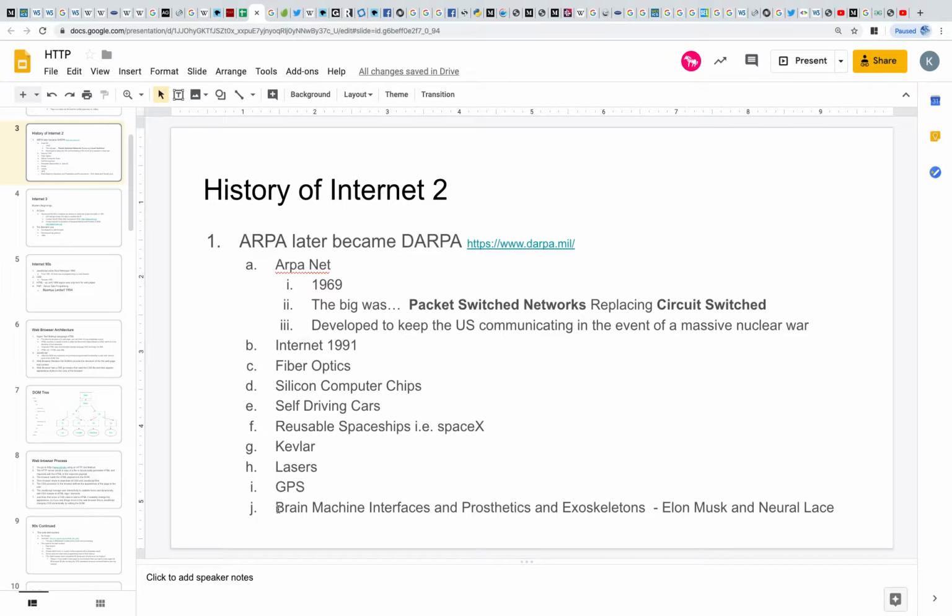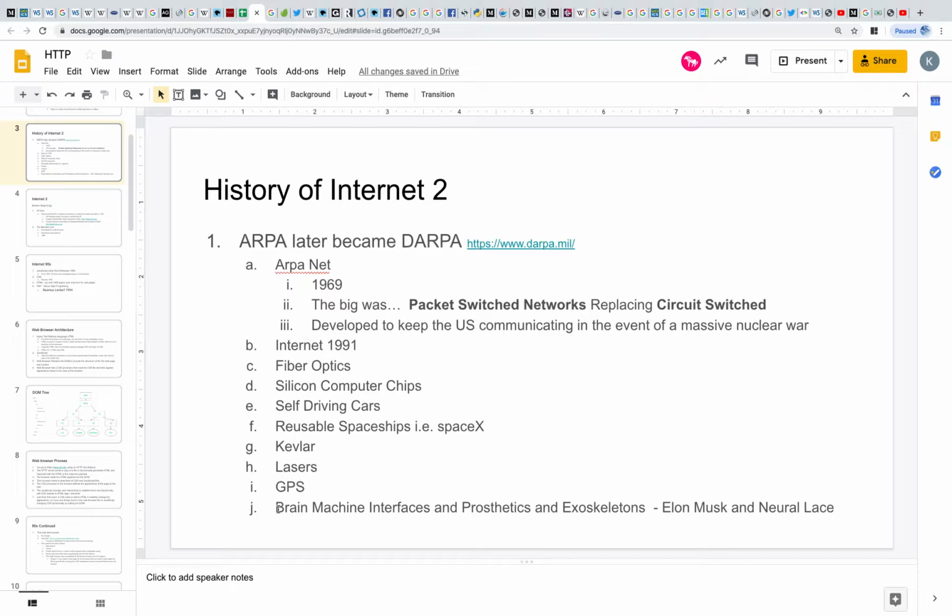And so the main DARPA project right now is brain-machine-human interfaces to control prosthetic limbs. Their vision is, you ever watch Star Wars, the one where Luke Skywalker gets his hand cut off and then they give him a hand, and he opens up a pouch and you can see that it's a mechanical hand?